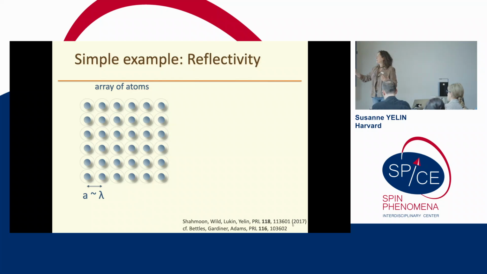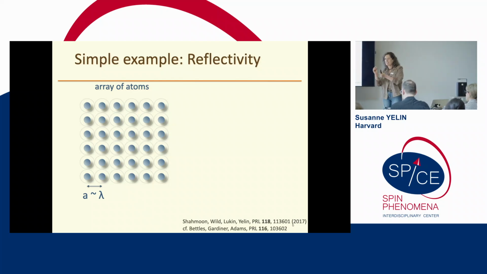Why is this interesting from the point of view of these atoms, and why did I put these circles around my atoms here? What is the size of a single atom for a quantum optician? In first quantum courses, we learn there's the Bohr radius, a fraction of an angstrom.